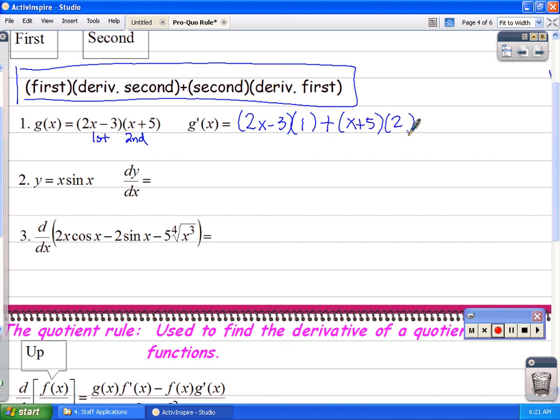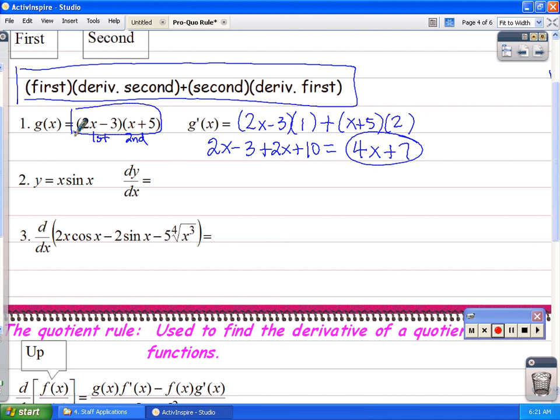And now all we have to do is clean up a little bit, so we get 2x minus 3 by the distributive property plus 2x plus 10. Combine like terms and we get a derivative of 4x plus 7, which makes sense because we know if we multiply this out that the original function would be quadratic and its derivative is linear.